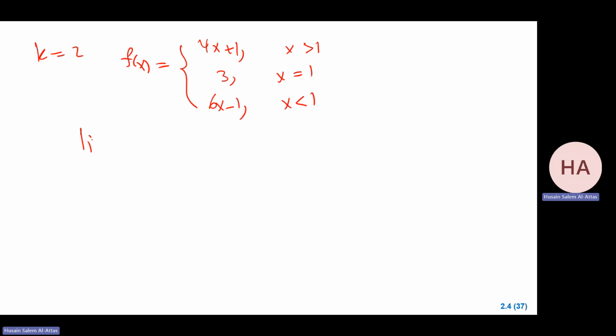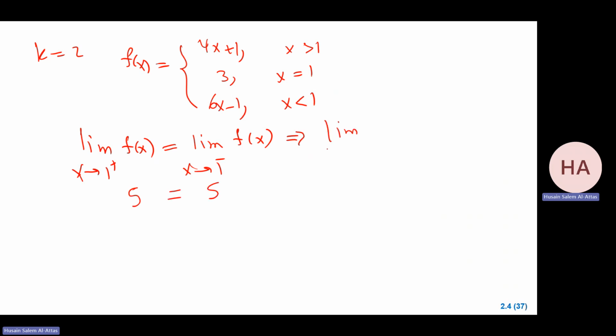Okay, so let me check the limit as x goes to 1 from the right or from the left. Is the limit from the right equal to the limit from the left? It should be. From the right, it will be 5, and from the left the same thing, 5.